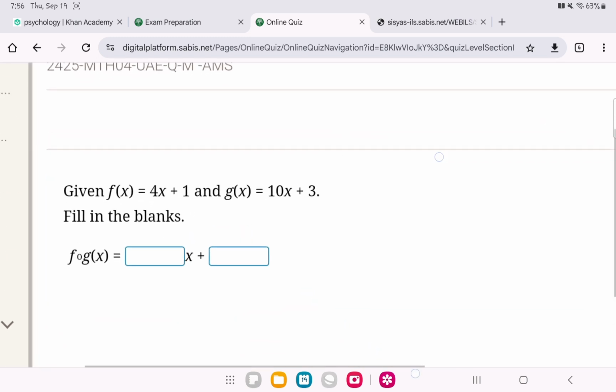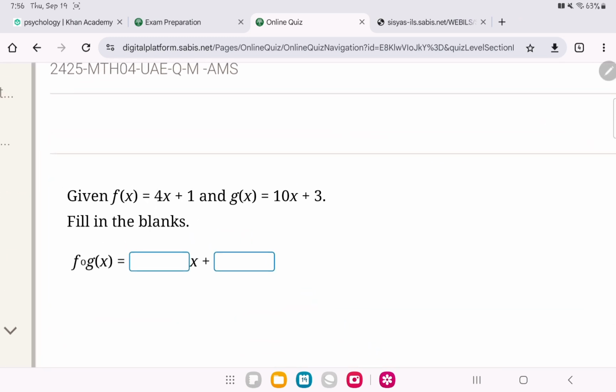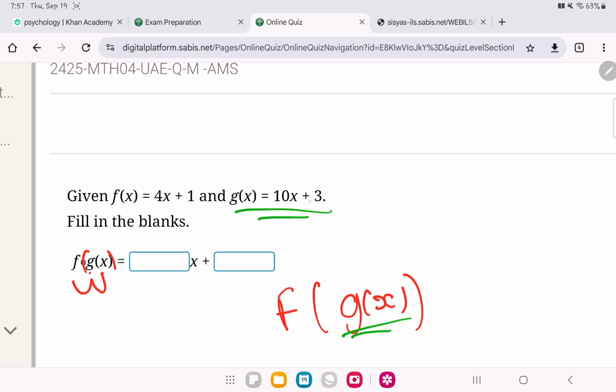Question number 12. This is repeating, okay? Directly you can start from the right to the left, or you can do f, open the brackets, because instead of the round symbol we pretend there are brackets, and then we put gx inside. So that means we have to substitute the value of gx into f.